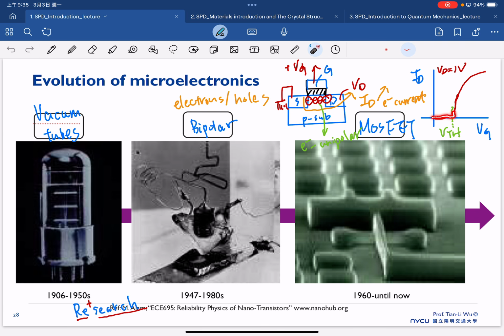Since the electrons form under this region, which we usually call the channel region, we start to see the drain current increase as we keep increasing our gate bias. At the meantime, we have a fixed drain bias, so the negative electrons will flow toward the drain and become the current here.